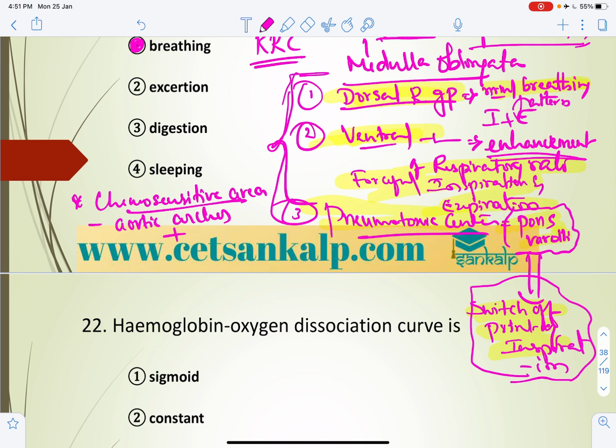The carotid artery delivers oxygenated blood to the brain. Carotid means the artery which delivers blood to the brain.